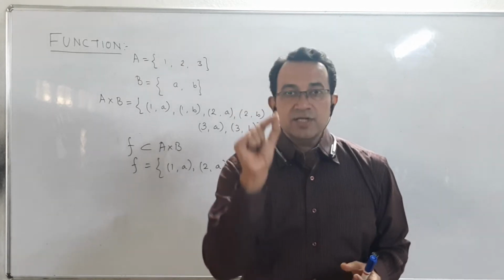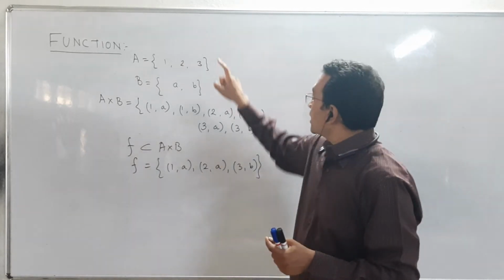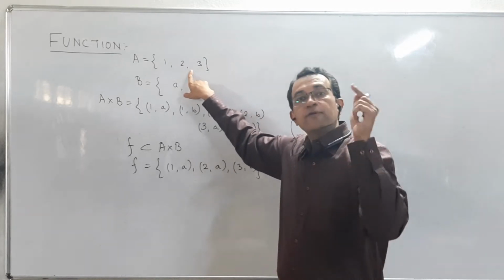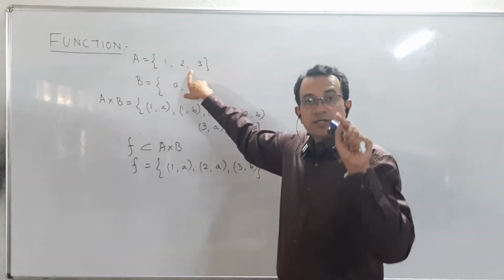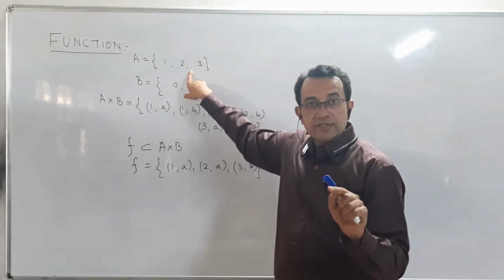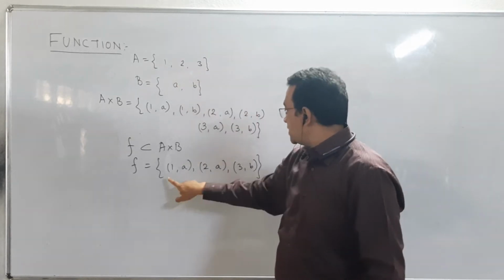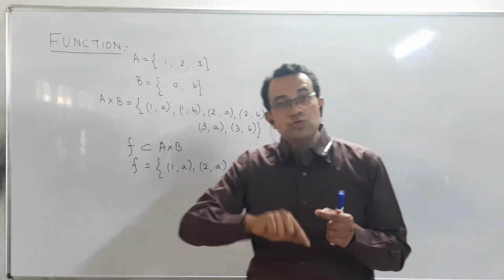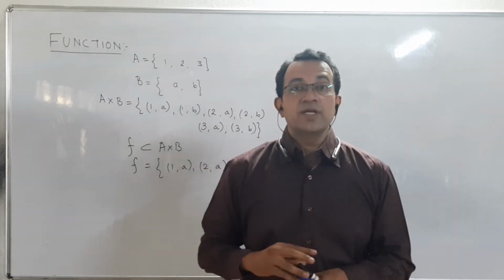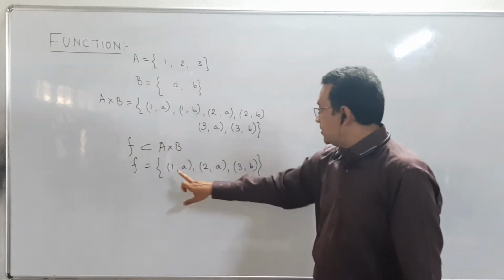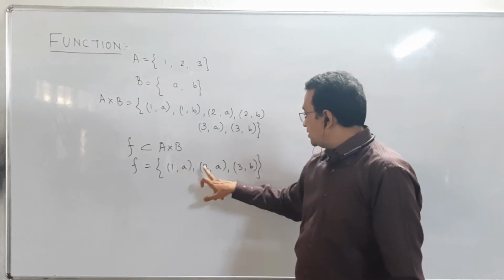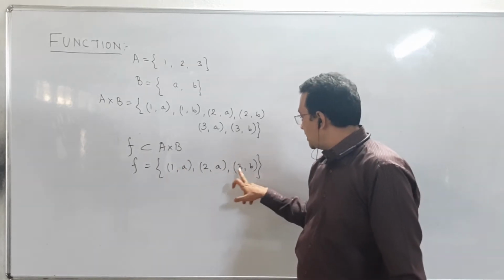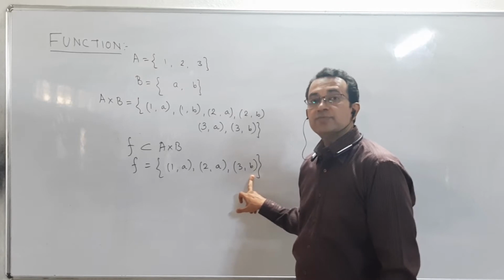A relation F such that for every element of A, we have a unique image in the set B. Means 1 is connected with a, 2 is connected with a, and 3 is connected with b.